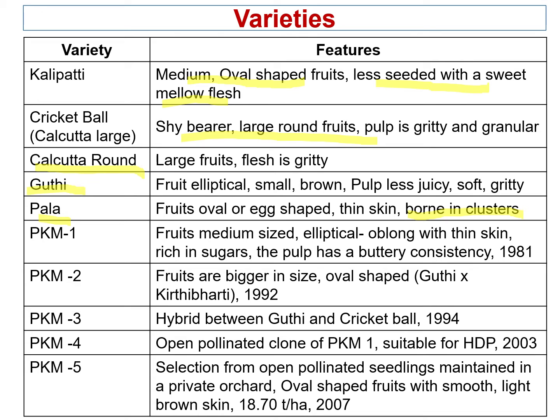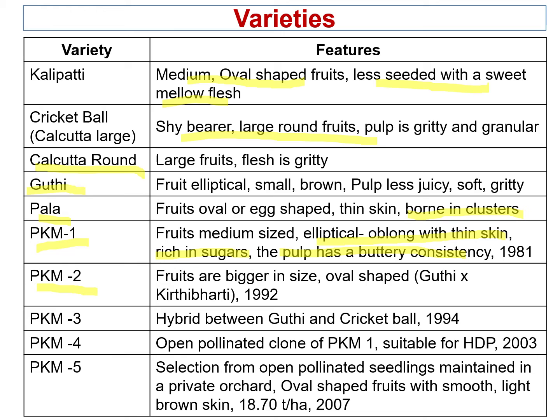These PKM series of varieties are released by Tamil Nadu Agricultural University from the research station. So PKM1 fruits are elliptical to oblong with thin skin. They are rich in sugars. Pulp has a buttery consistency, and this was released in the year 1981.